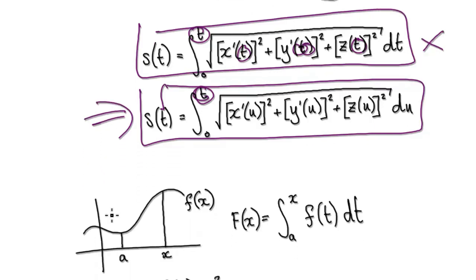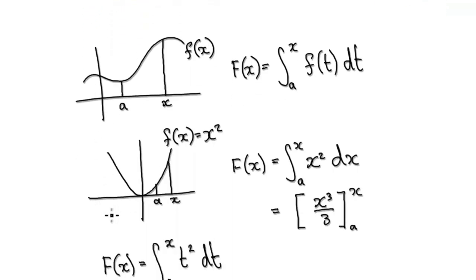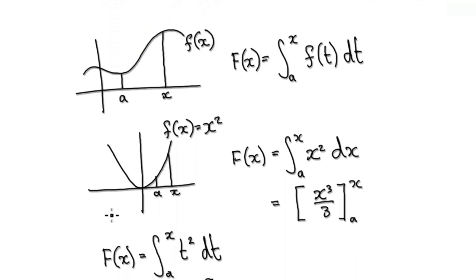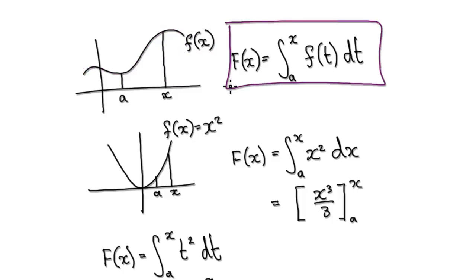Remember, from when you first started out with the fundamental theorem of calculus, you were trying to understand why, if you have a function like this and you're trying to work out the area underneath it, there's a connection between the area and the antiderivative of the function. So you would create this new function where you let x be a variable, so you can slide x back and forth.